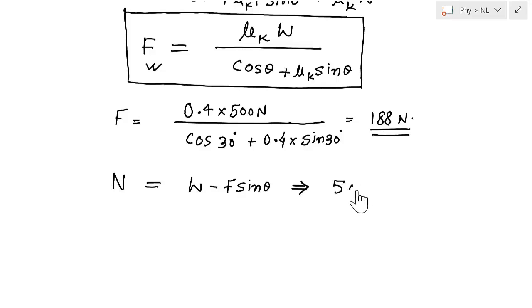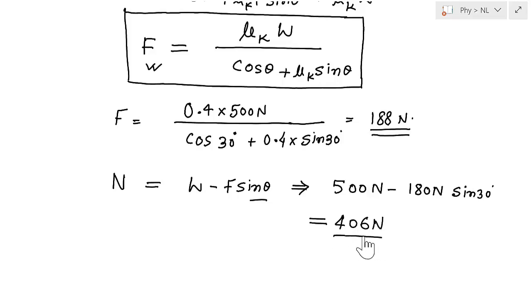W is 500 Newton, F is 188 Newton and this is sin 30 degree. So this will come to 406 Newton. You see the normal reaction is less than the weight, which is 500 Newton.